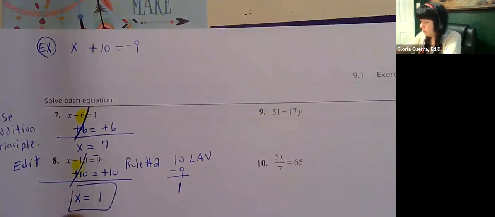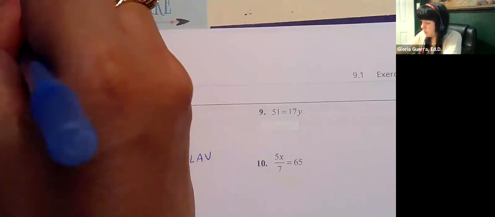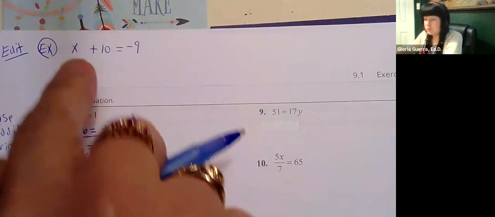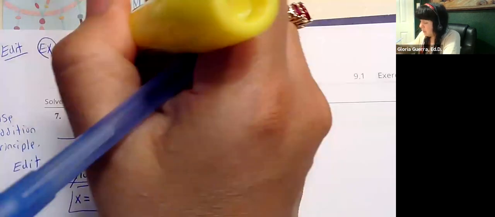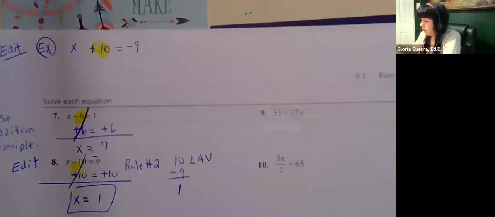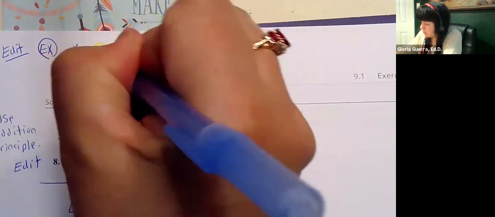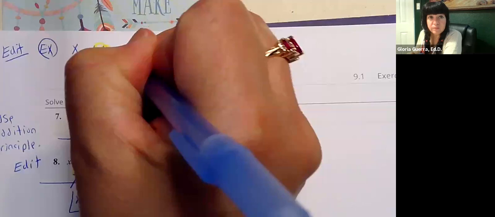So if we rewrite this again and we work x plus 10 equals -9, we want to solve for x. We want to isolate x by itself. The opposite of a plus 10 is a take away 10. You do that on both sides.